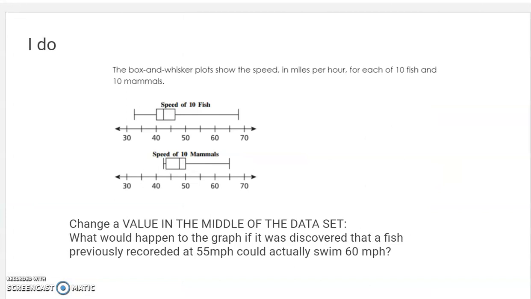What if something else changed? What would happen if it was discovered that a fish previously recorded at 55 could actually swim 60? So let's think about that change. So that is, if something we thought was 55 could actually swim 60, how would that change the graph?